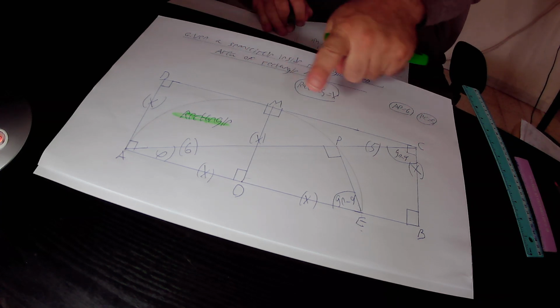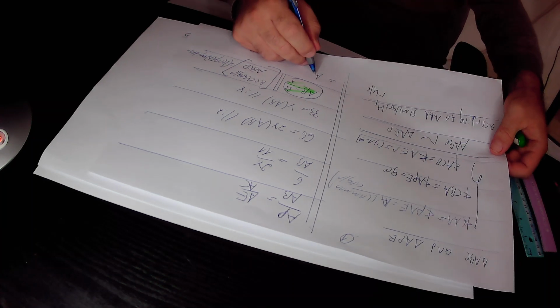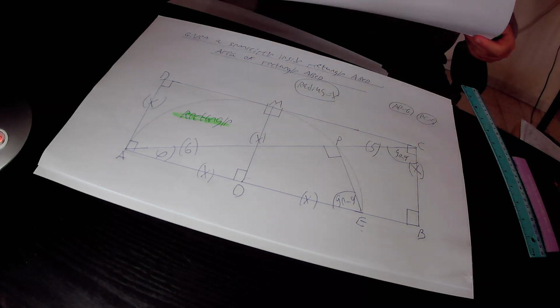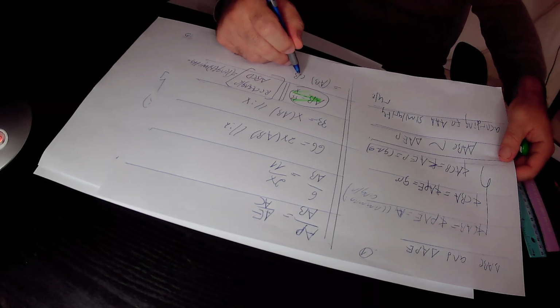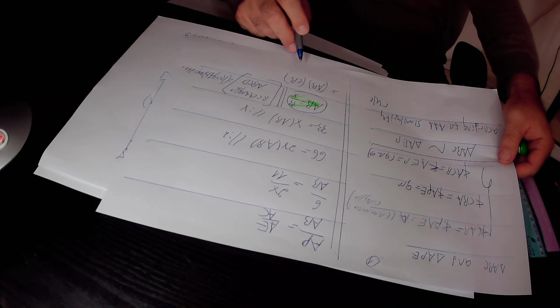The length is AB, and the width is CB. So in total, the area of rectangle ABCD must be equal to the length AB times the width CB.